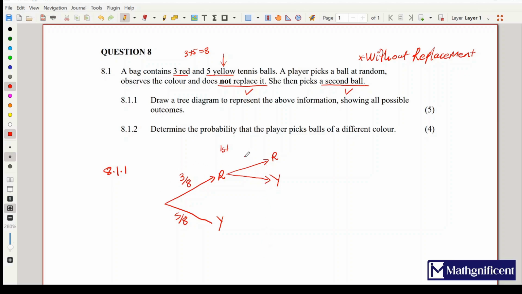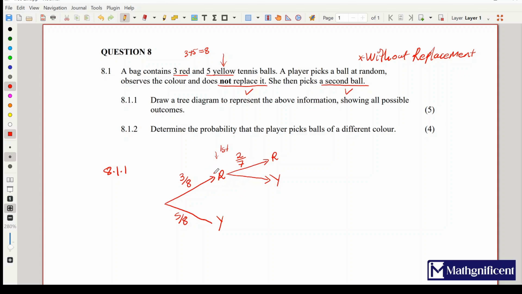We took one red ball and never replaced it. So how many red balls are we now left with? We are only left with 2 red balls out of how many balls in total? We have taken out one ball and never replaced it, so we are now left with a total of 7 balls.